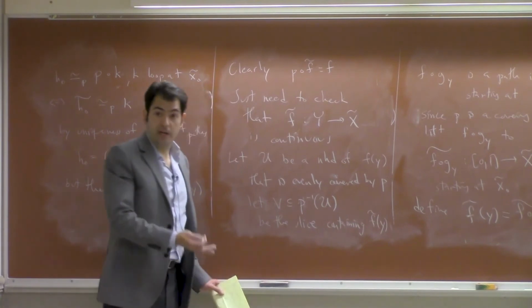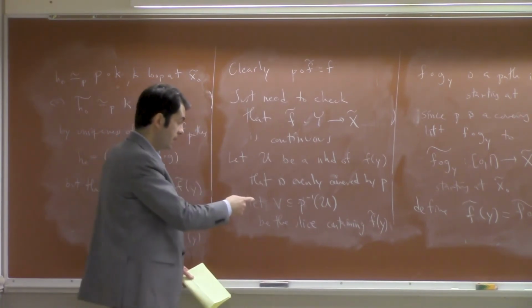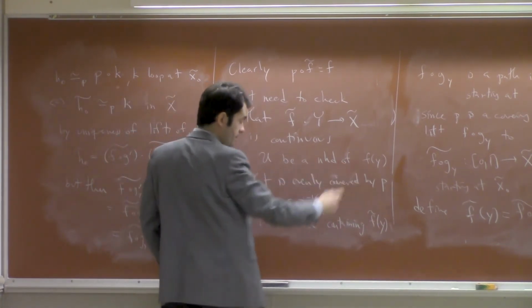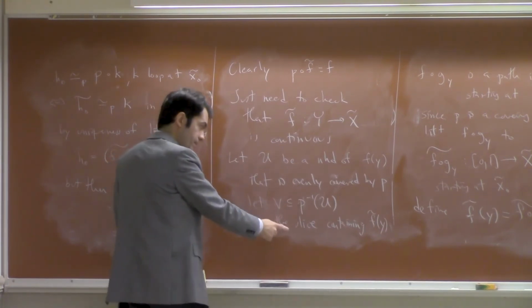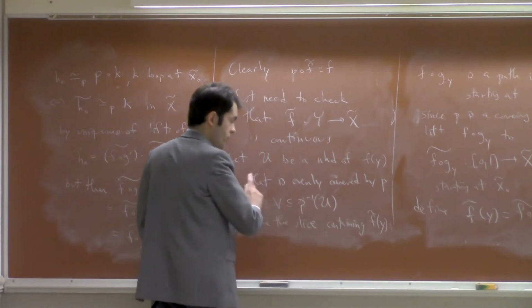So we've defined f tilde of y. It's some point lying above f of y, so it's contained in one of these slices, which we denote v.